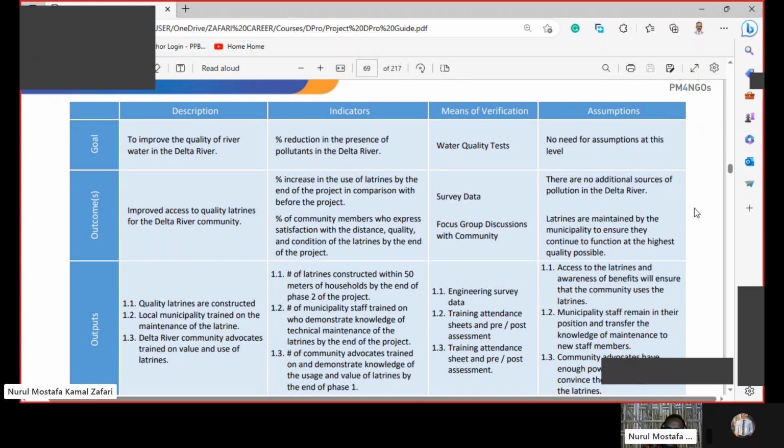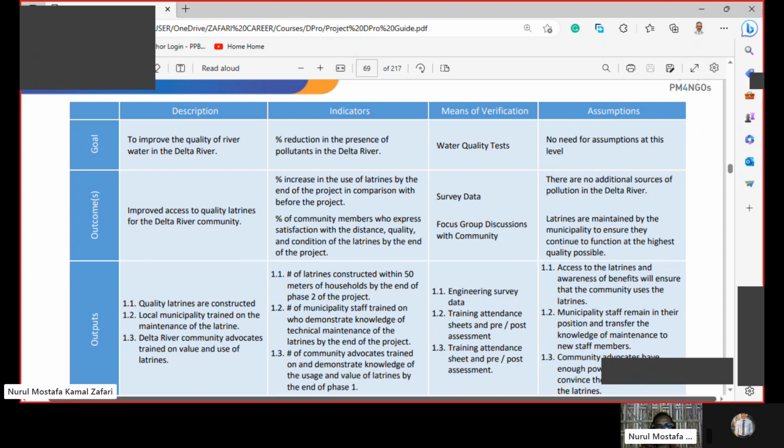Then assumption 3: community advocates have enough power and influence to convince the community to use latrines.